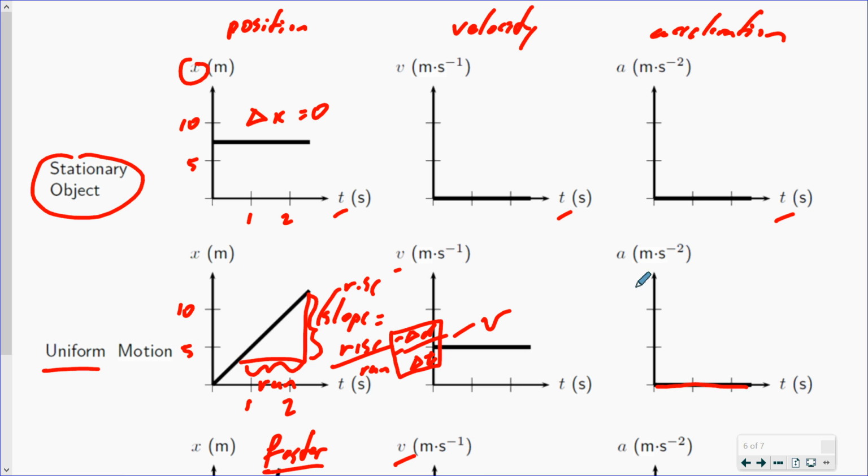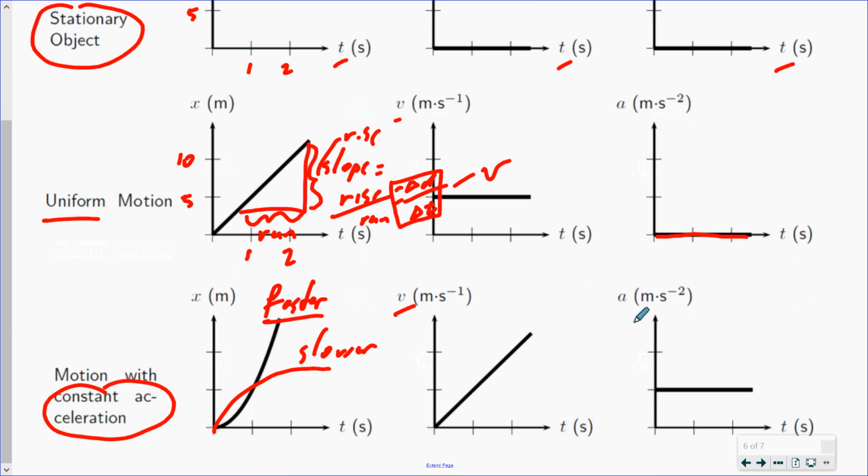If we take the slope of our velocity time graph, that gives us acceleration. Okay, so let's actually pick some numbers here. Let's take this time right here. Let's just say that this is 1 second and this is 2 seconds, and that this is 5 and this is 10. And we'll just say that this, to make it easy, is right at 10.